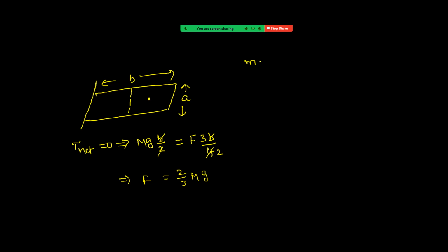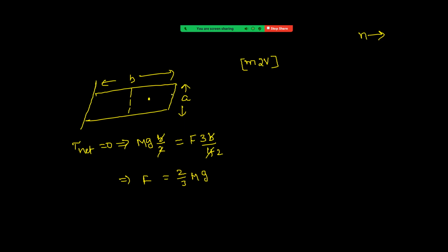So change in momentum is m into 2v. This is now change in momentum. And we are given n, which stands for number of collisions per unit area per second.